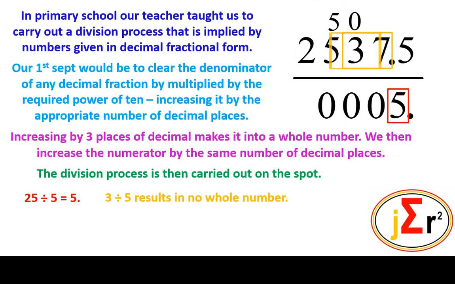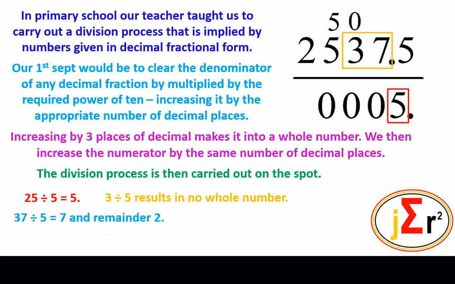Then we say 37 divided by 5. That is equal to 7 times and remainder 2. The 7 goes first and we place the remainder 2 right there. And that is how we did it in the good old days without the use of a calculator.